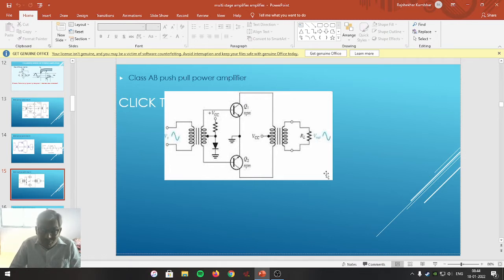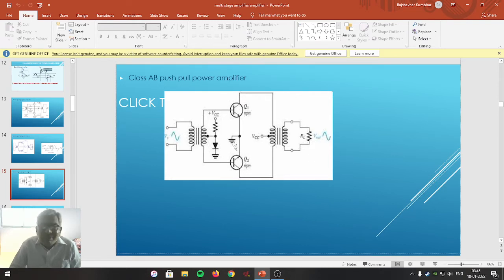Now in the class AB push-pull amplifier, the operating point of both the power BJTs is adjusted in between class A and class B. Means in between the center of the load line and the cutoff point. When the operating point of both transistors is located in between the cutoff point and the center of the load line, then the resulting amplifier we call the class AB push-pull power amplifier.